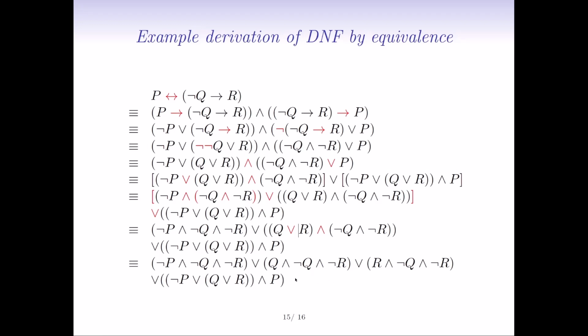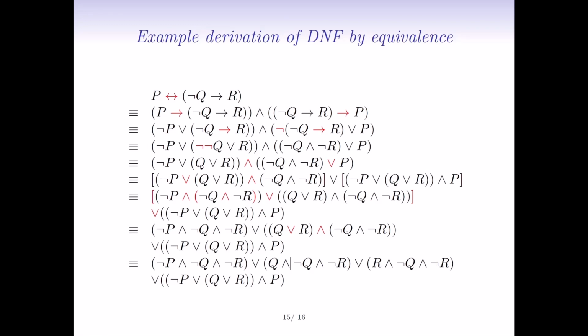Now, by the way, these two clauses weren't in the original DNF, but you can actually see that they are unsatisfiable because they contain literals of the form Q and not Q, so that's not going to be satisfiable. And R and not R are not going to be satisfiable either.